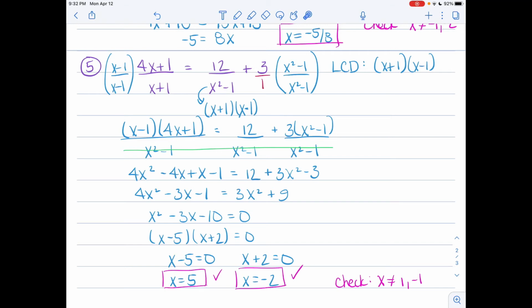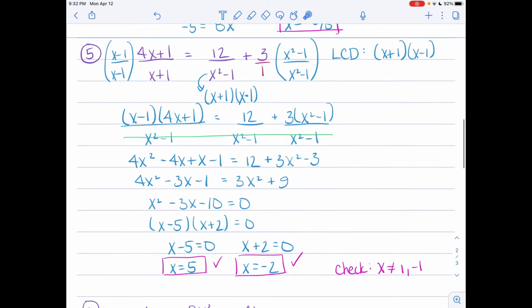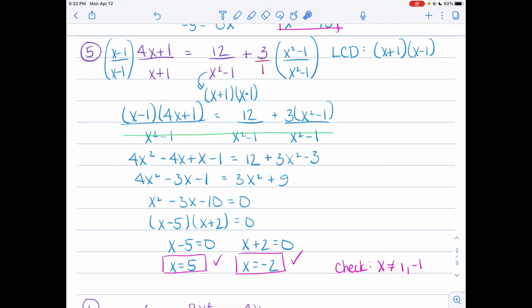And then 3 gets multiplied by x squared minus 1, or times x plus 1, x minus 1, top and bottom. I can now cross out my denominator just like I did before, because I know if I multiplied both sides by an x squared minus 1, those would cancel just like they did in the previous examples.